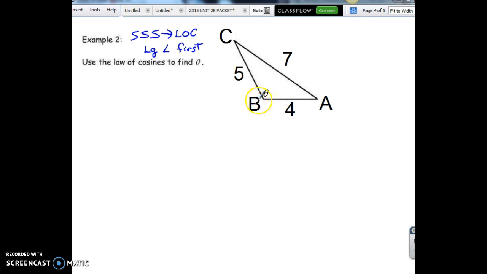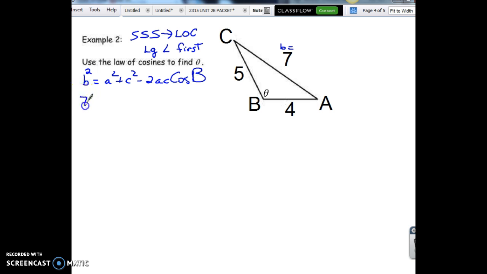And since it's angle B, this here would be little b. Let me write down the equation first. b squared equals a squared plus c squared minus twice ac cosine of angle B. So let's plug in these numbers.